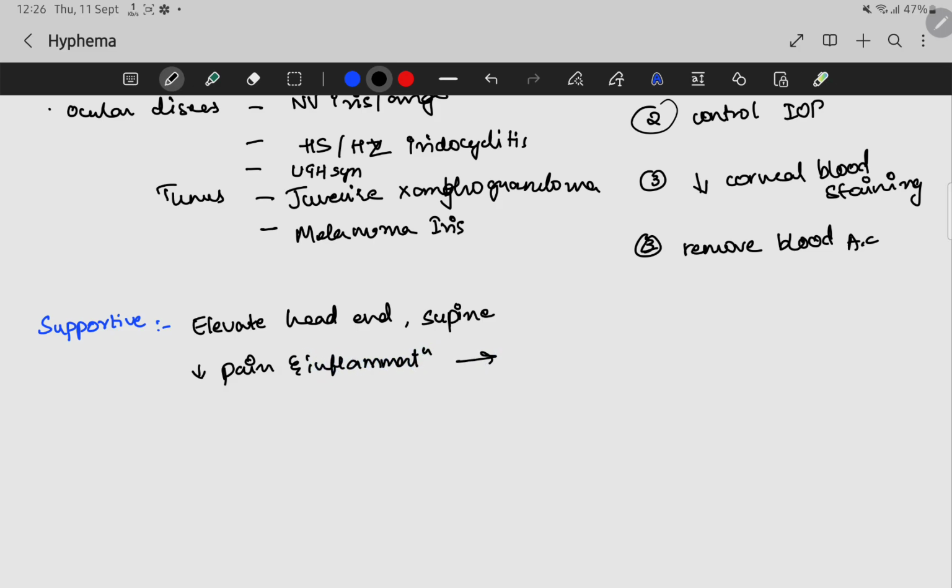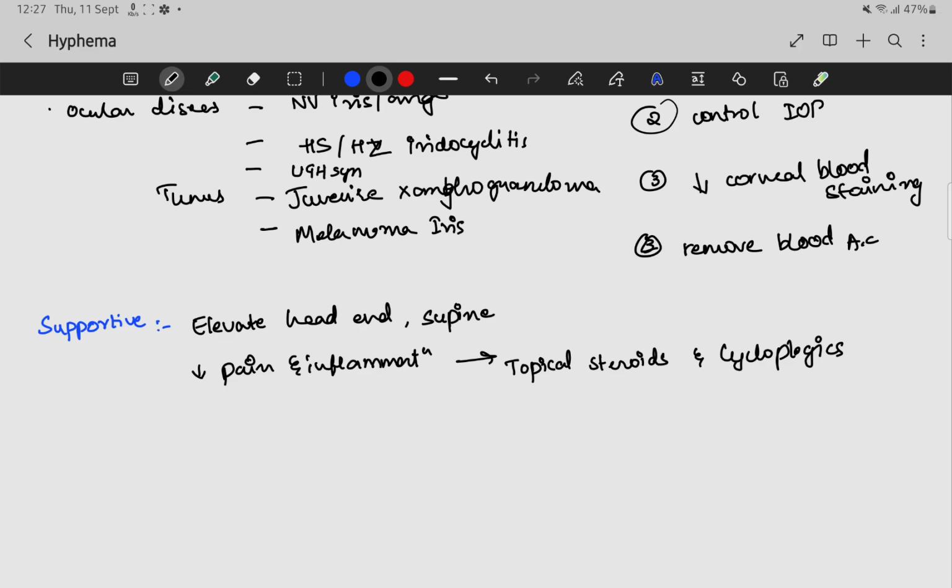So for that we have to give topical steroids and cycloplegics. Atropine can be given.